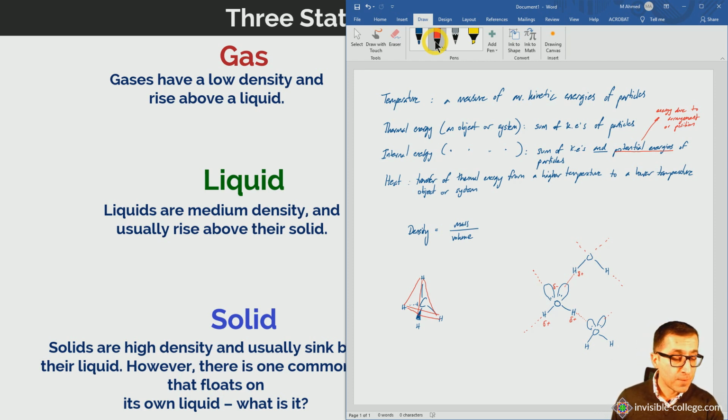within water molecules. And so water is unusual for many different reasons, but one of the reasons it's unusual amongst other liquids is that the solid state of water floats in the liquid, and this is because the solid is less dense than the liquid.